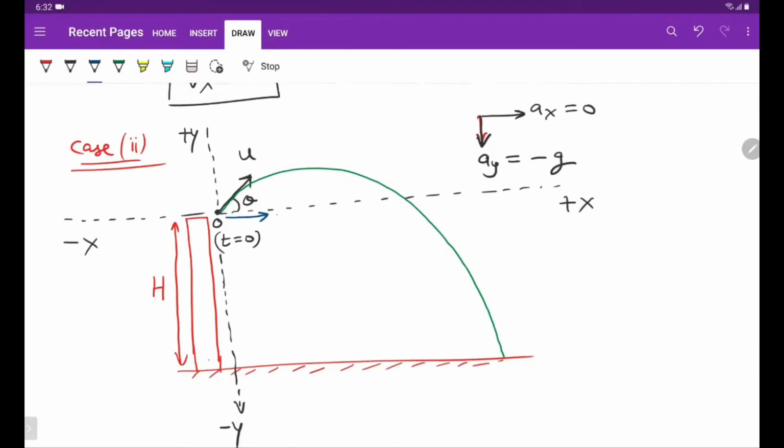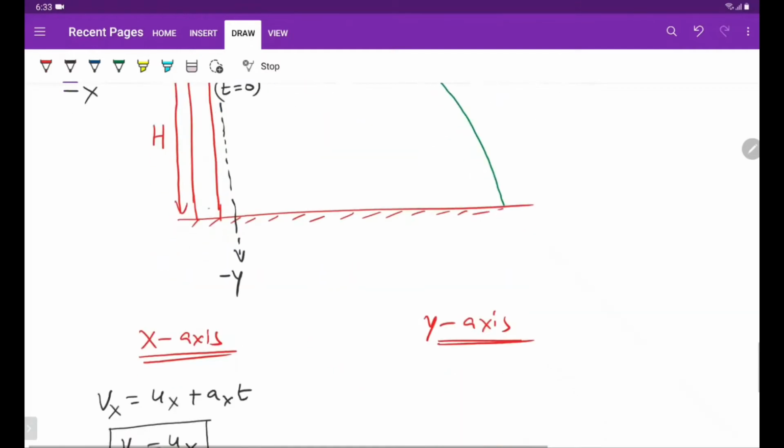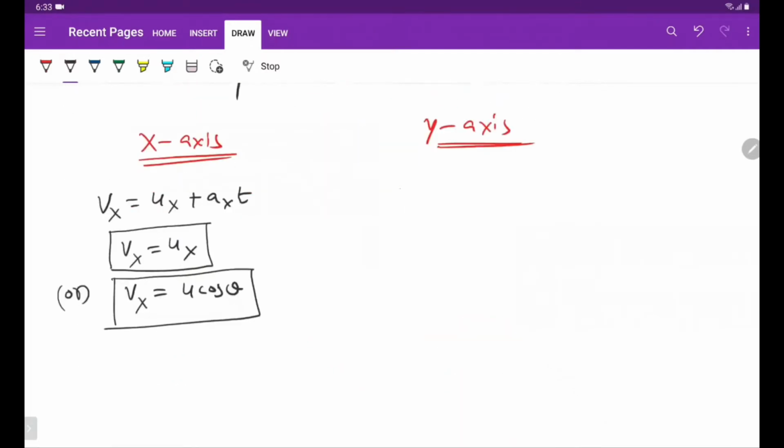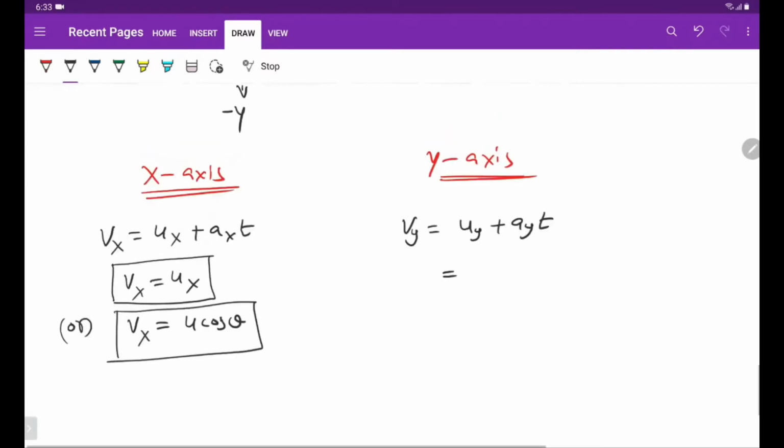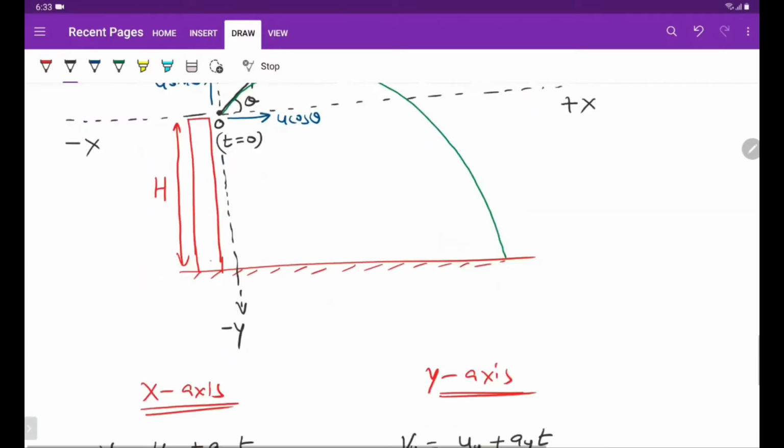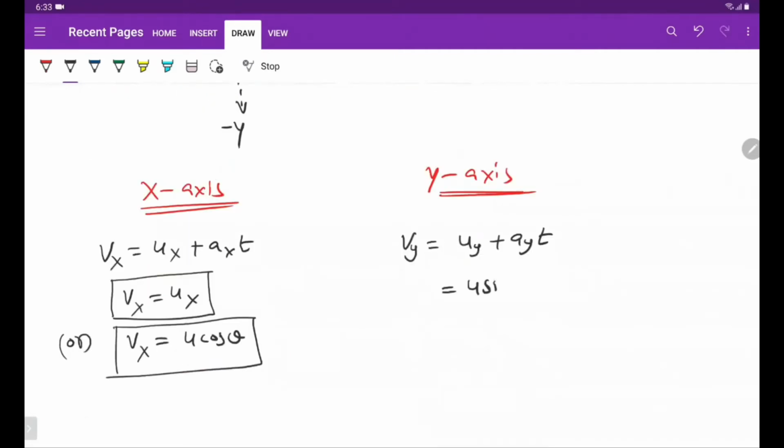So this particle has u cos theta as x component and u sin theta as y component initially. As time increases, its velocity direction changes. Any x component remains constant, but the y component changes. Here uy is not 0, it is in the upward direction, uy is u sin theta, and ay is minus g into t.